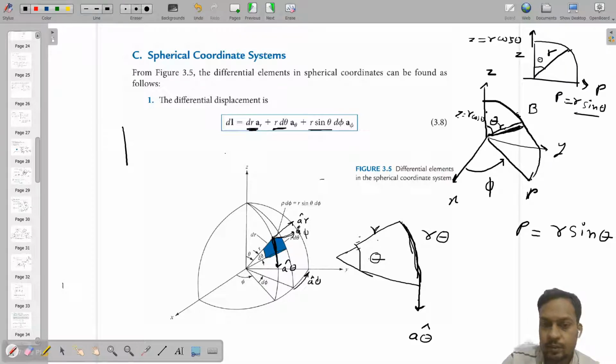Now for differential angle d theta, this arc length can be rewritten as r d theta along the a_theta direction. So r d theta.